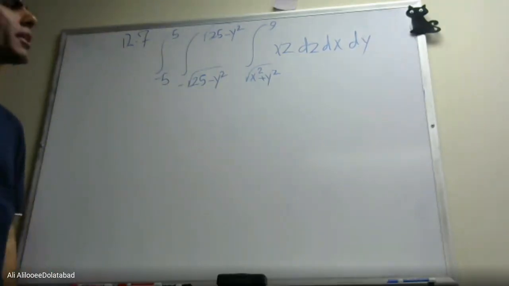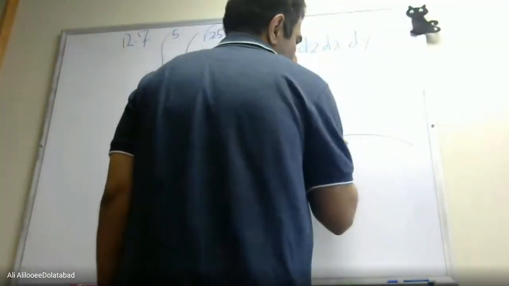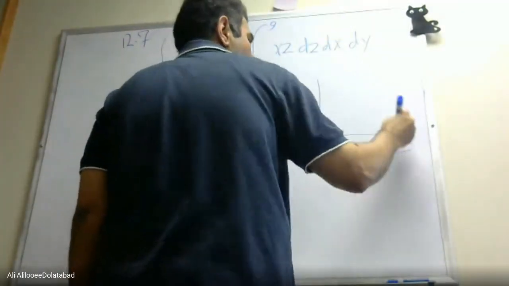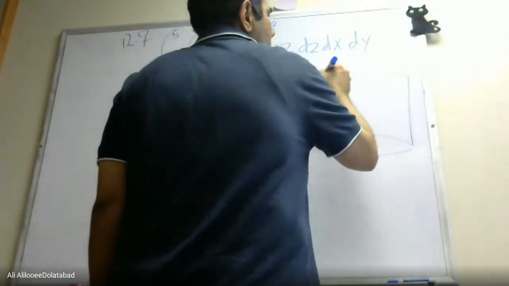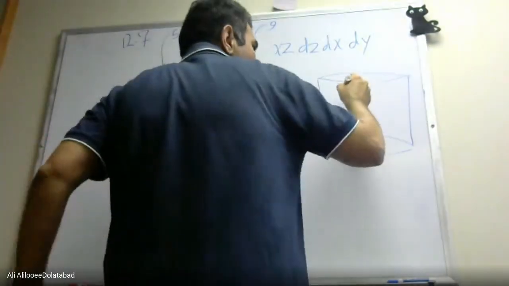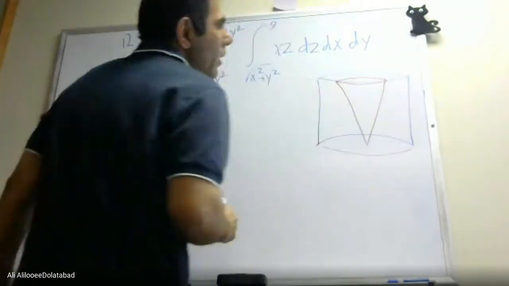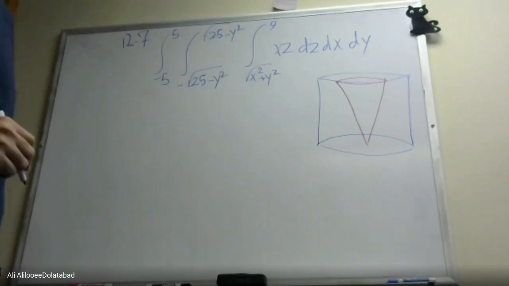Yesterday I explained this example. We have a solid. We can make this solid by taking a cylinder and cutting a cone inside it.